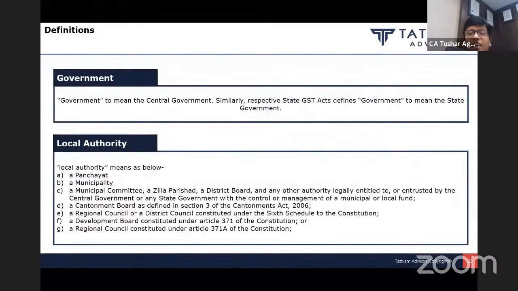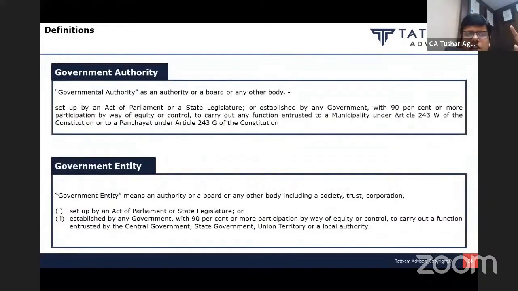Meaning thereby, if the contractor is constructing a water treatment plant for a local authority, say MCD, Municipal Corporation of Delhi, the rate of tax is 12%. However, if that particular contractor is constructing a water treatment plant or a school or a hospital for a governmental authority like Delhi Jal Board, the rate of tax has increased to 18%.